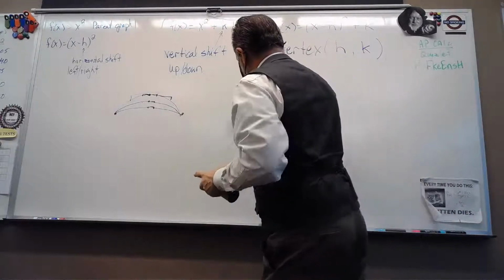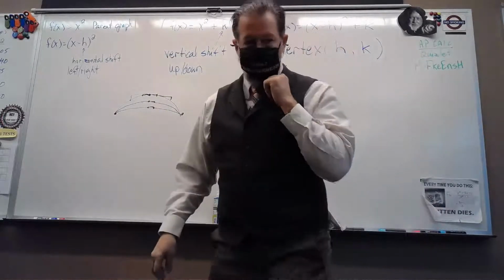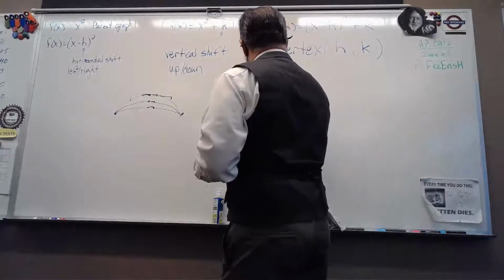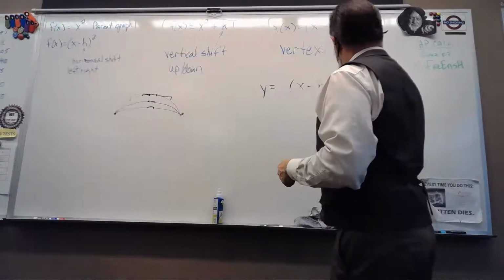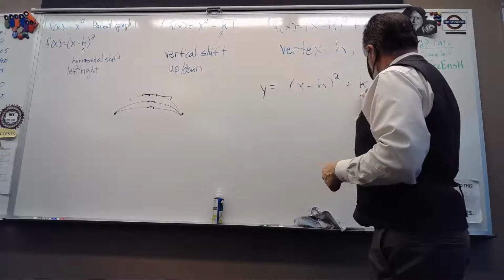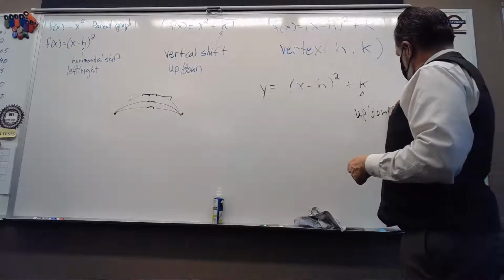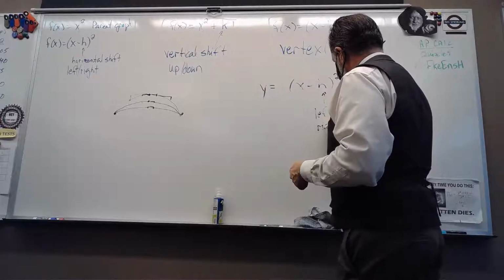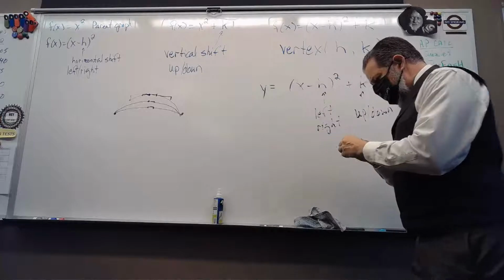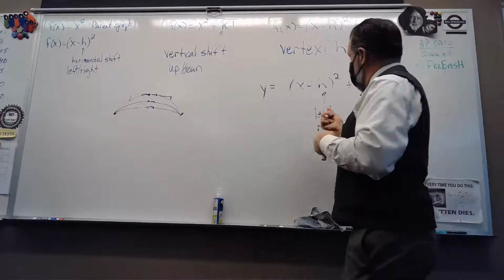So let's take a look at this equation. We've got y equals x minus h squared plus k. And we know that this moves it up, down. And we know that this moves it left, right. We know that we cannot change this.